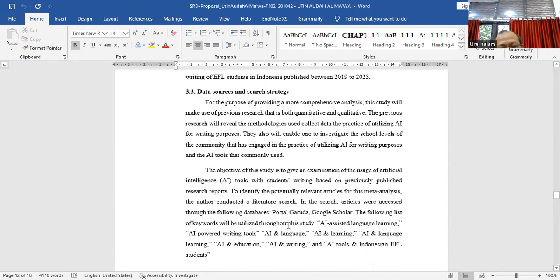Yang ini nih, yang tulisan kamu yang ini nih, masuk dalam identification.